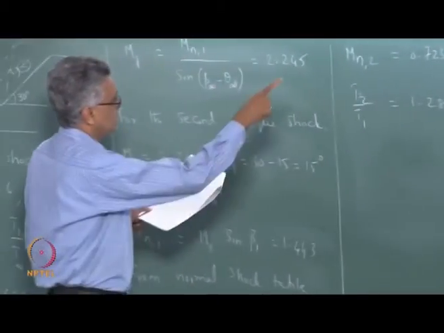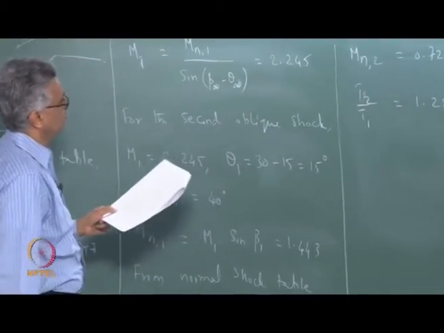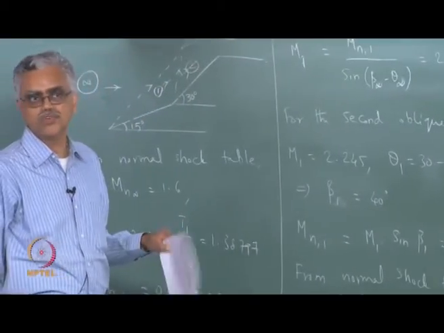So we have retrieved the static quantities and the normal component of Mach number downstream of this oblique shock wave from the normal shock table.